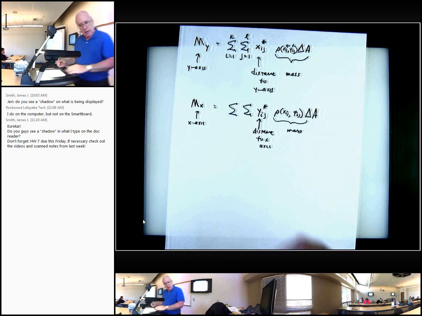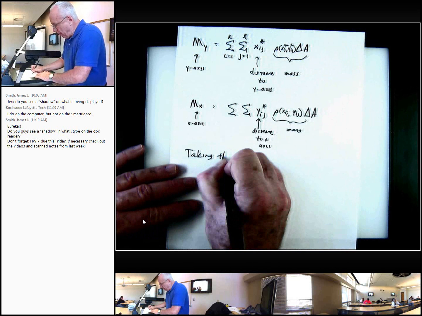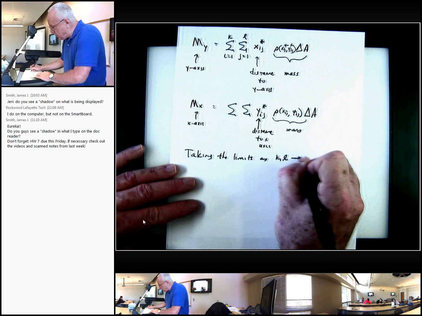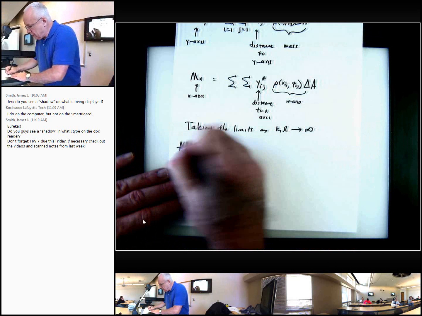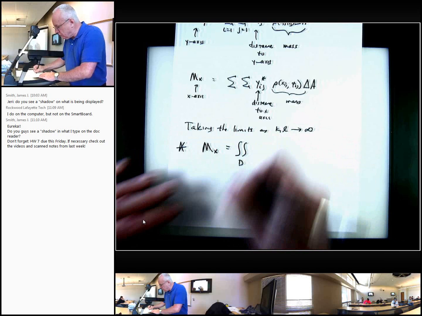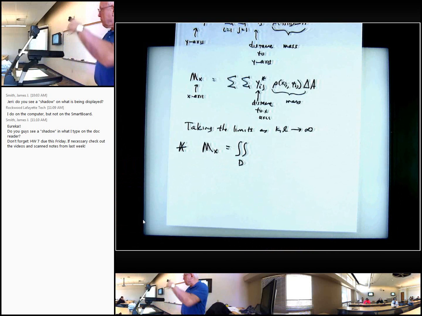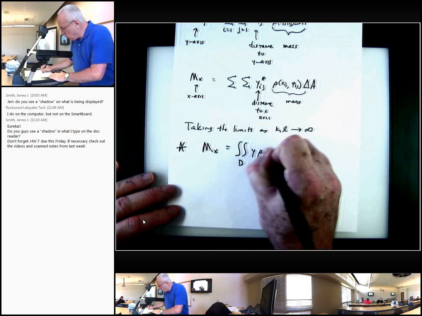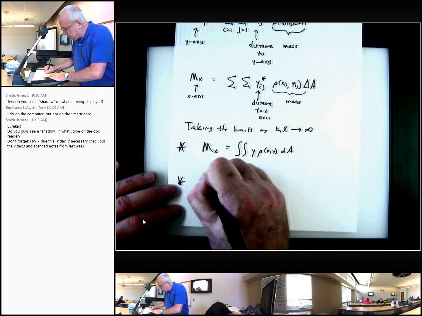Okay. So taking the limits as k and l, our indices, go to infinity, we get this formula. Asterisk. Mx is equal to the double integral over D, that's the domain of our lamina, of y rho of x,y dA. Asterisk.